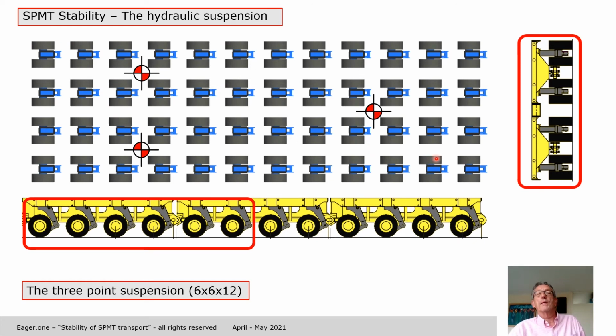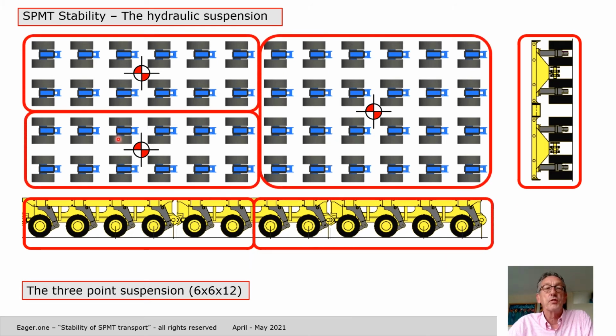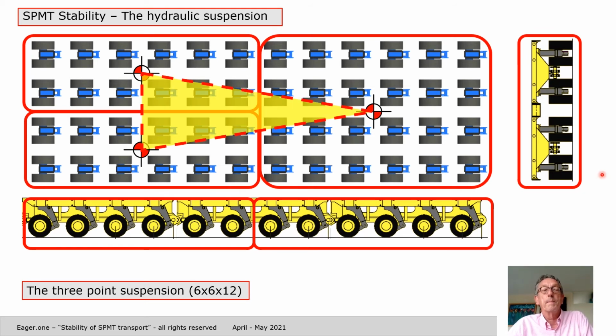Okay, now if the 3-point suspension system, the 8x8x8, is not really the best solution for stability, we might opt for a different setup of your 3-point suspension. For instance, this might be a solution where we have 2 points here and there, with 12 axles being connected and 12 axles over here, and we have 24 axles being connected over here.